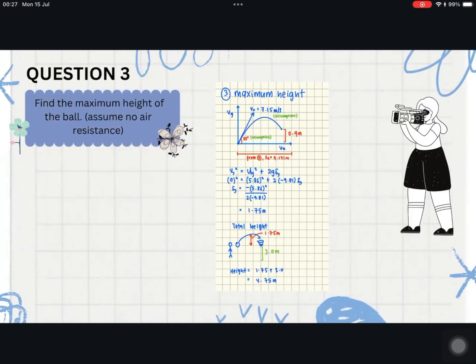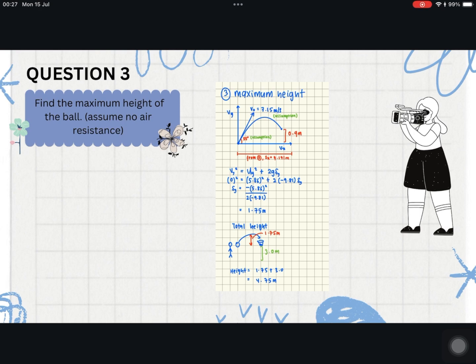For the third question, they ask us to find the maximum height of the ball, assuming no air resistance. We already have the velocity of the y component, and we will use the formula v squared equals u squared plus 2gs and sub in the y component value. When the ball reaches the max height, the final velocity of the y component is 0.